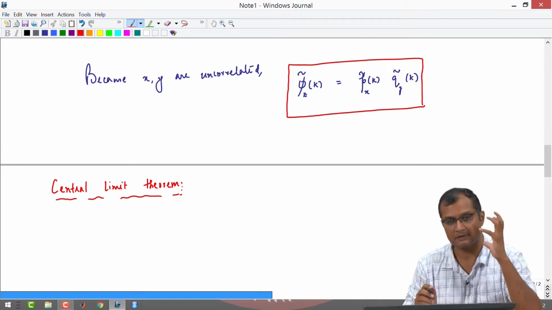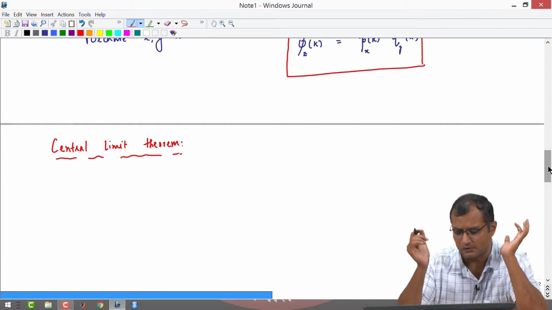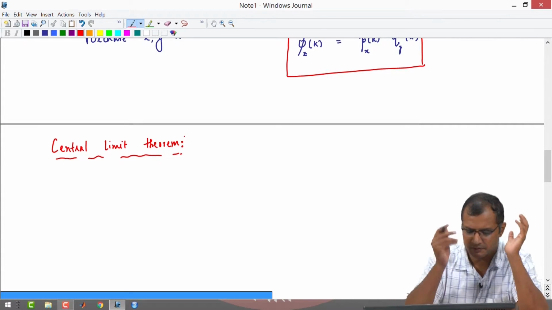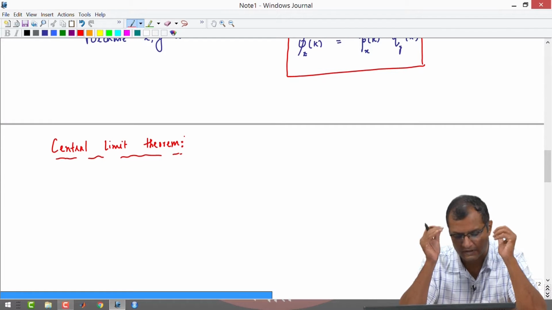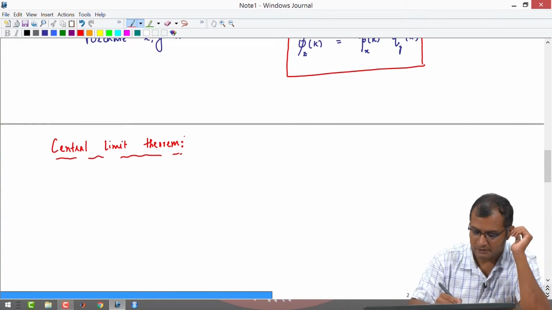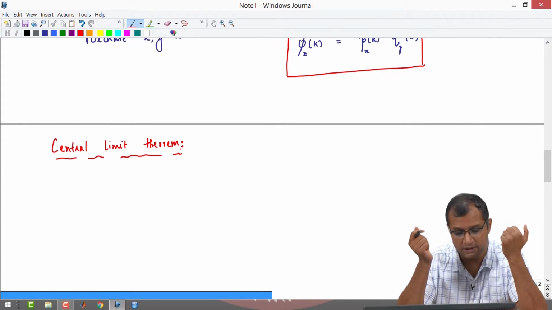So, central limit theorem is a beautiful theorem, and we will come back to it many times in this course. So, I think that is the reason why I want to discuss this theorem and give it the sufficient amount of time that it truly deserves, because we will be coming back to it in the next few chapters repeatedly.